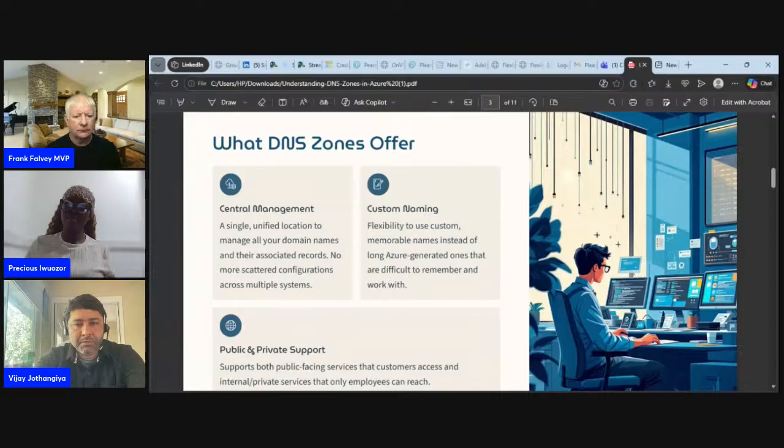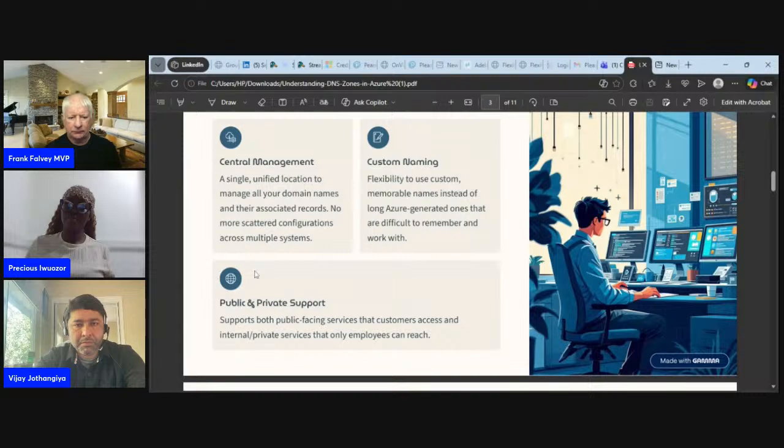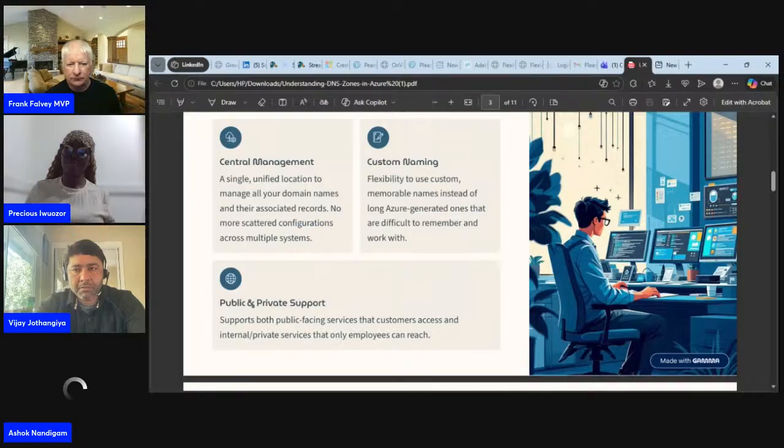It gives flexibility to use custom memorable names instead of long Azure-generated ones that are difficult to remember and work with. It also offers public and private support. It supports both public-facing services that customers access and internal private services that only employees within an organization can reach.